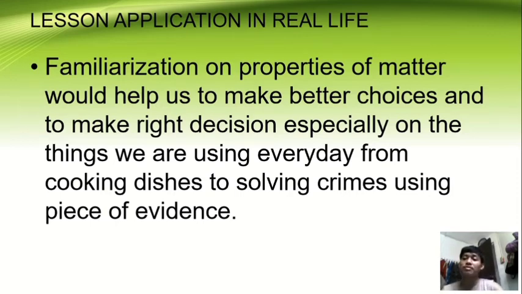next, solving crimes using pieces of evidence. How does the authority find out that there is a killer or that a suicide happened? Based on the evidence, like in a case of rape.